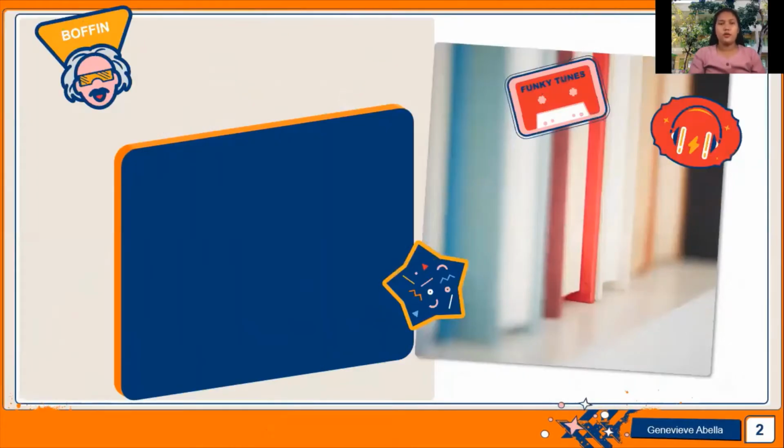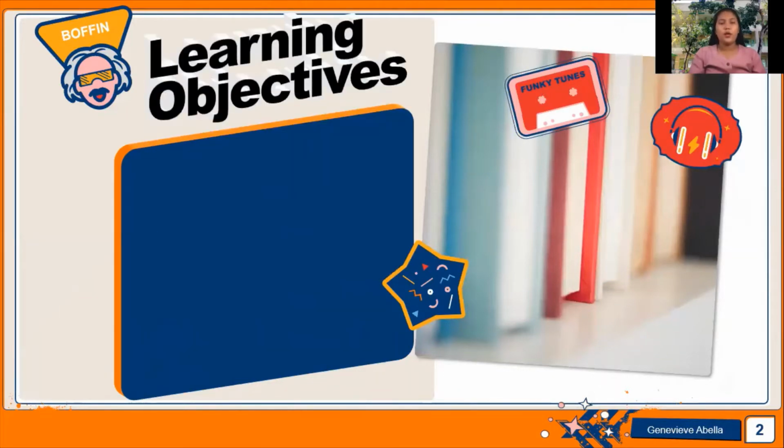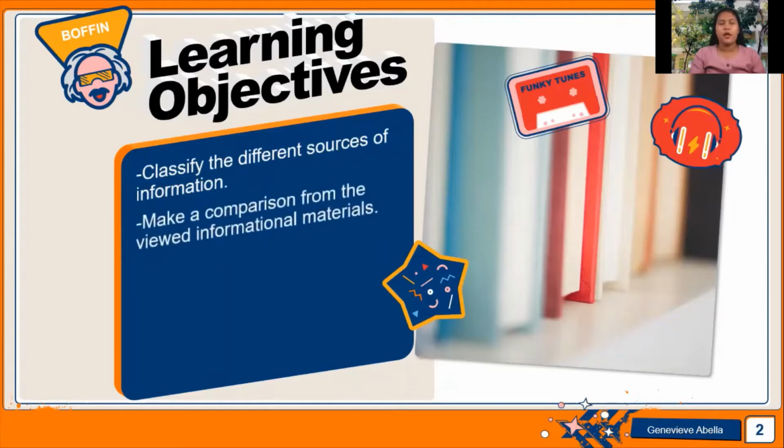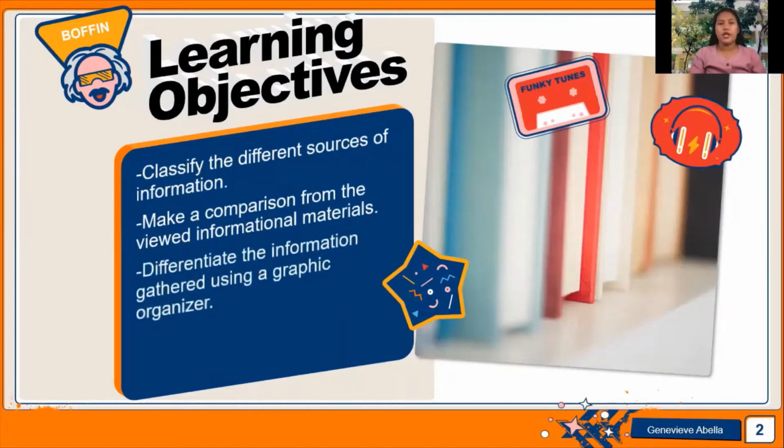So to continue, let us first know our learning objectives. Our learning objectives for this lesson are the following. Classify the different sources of information. Make a comparison from viewed informational materials. Differentiate the information gathered using a graphic organizer.